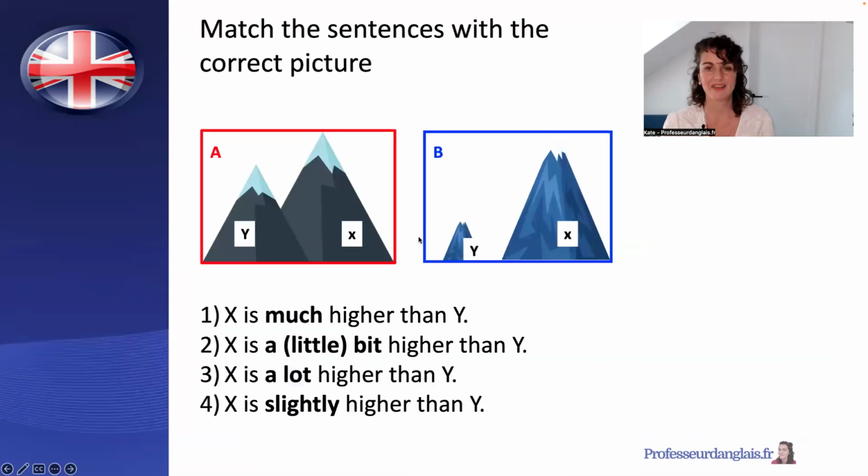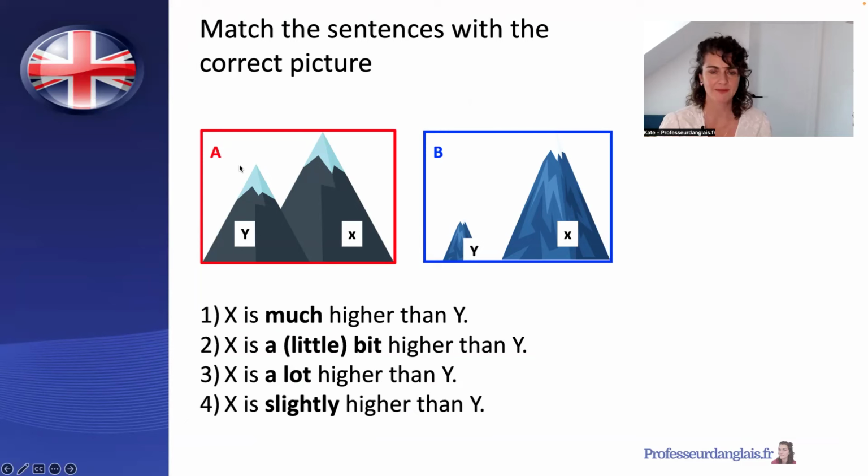Okay, let's have a little think about comparative forms. So we often use adverbs like much, a little bit, or slightly with comparatives to show different levels of difference. For example, let's look at these pictures.